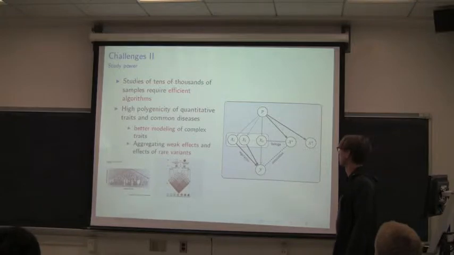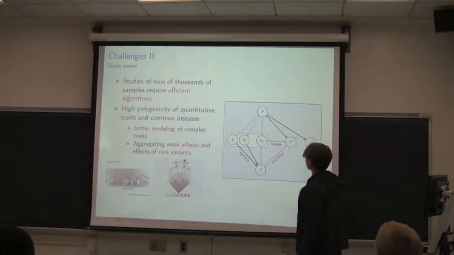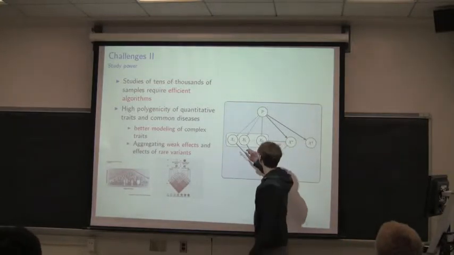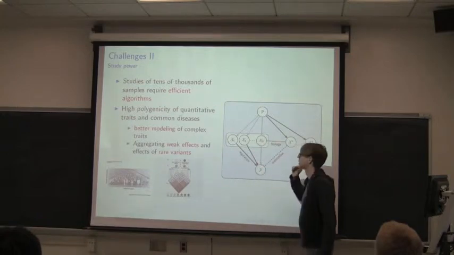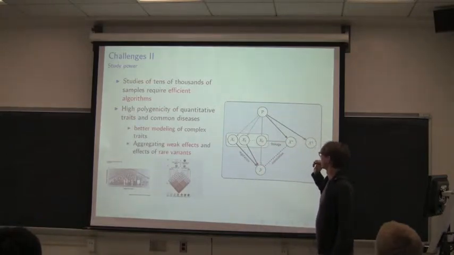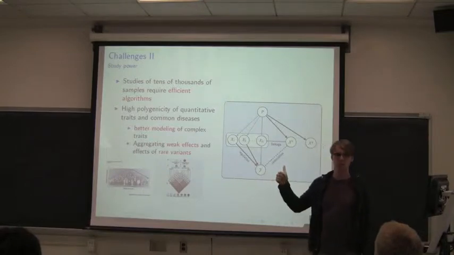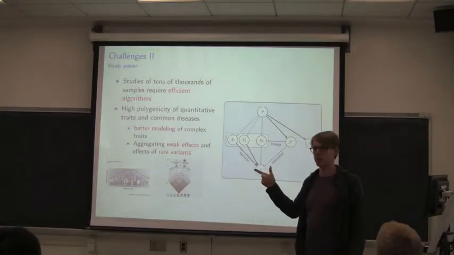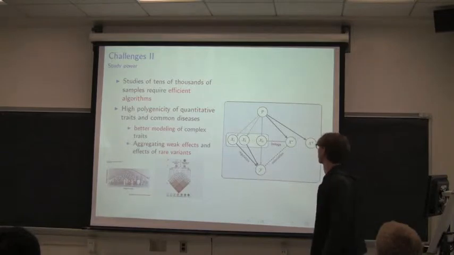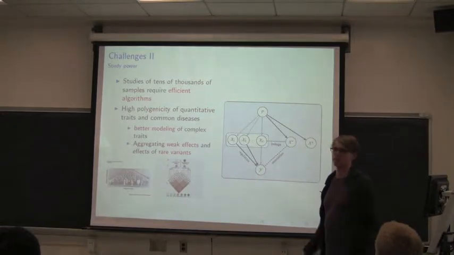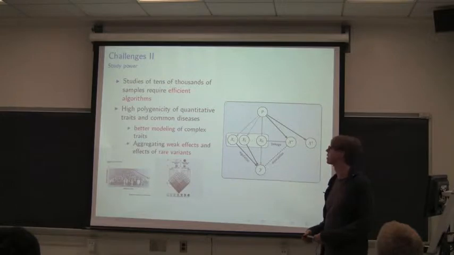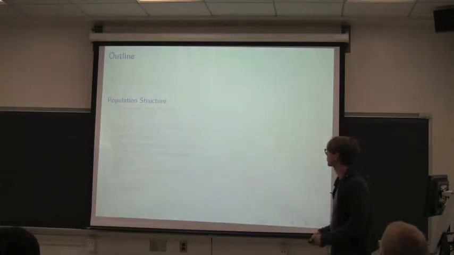That's something that I didn't talk about last time, but that will come today. Once associations become too weak because either effect sizes are too small or the SNPs are too rare, what can we do? We'll see that we can do all of these things with linear mixed models.